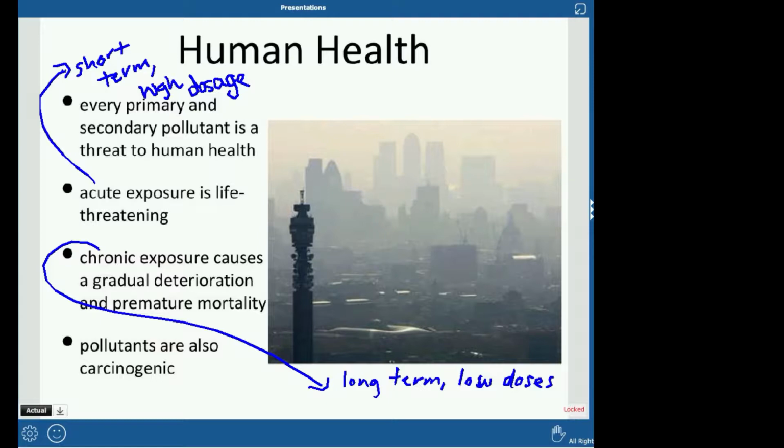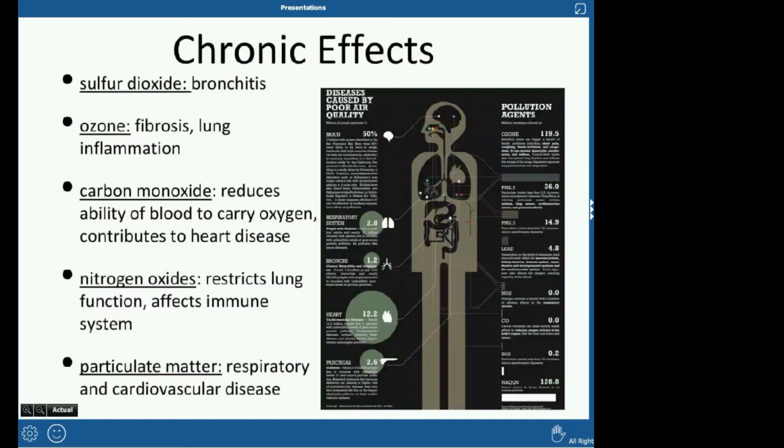And then a lot of these pollutants can also be carcinogenic, and this means causes cancer. It seems like almost everything causes cancer these days, but definitely pollutants can cause cancer. So here are some of the effects of these pollutants and how they can affect your body.